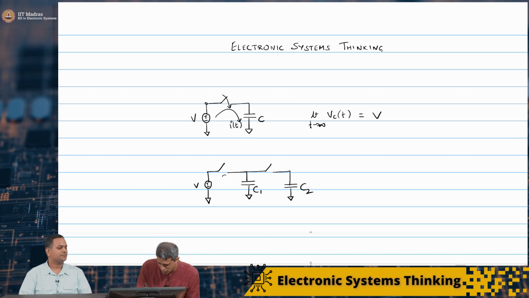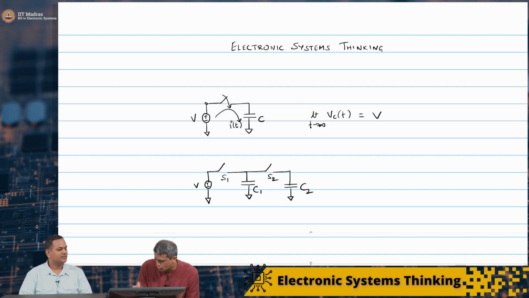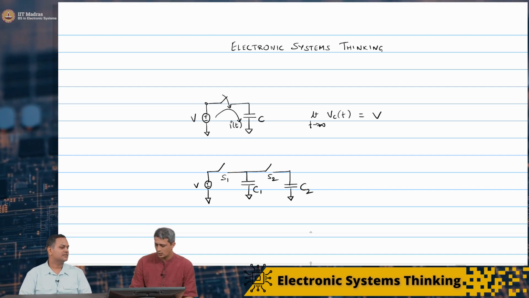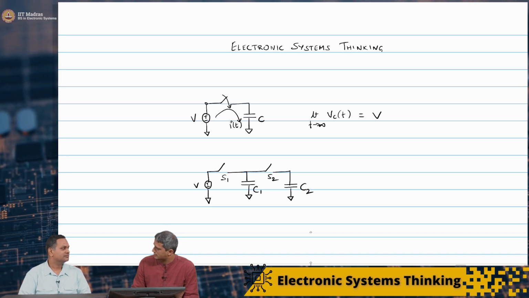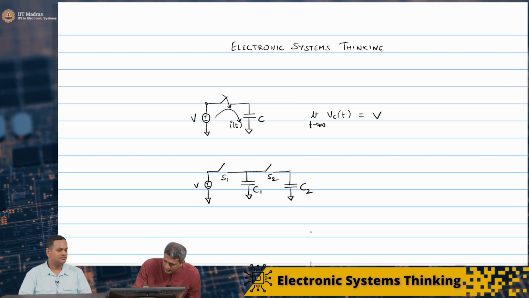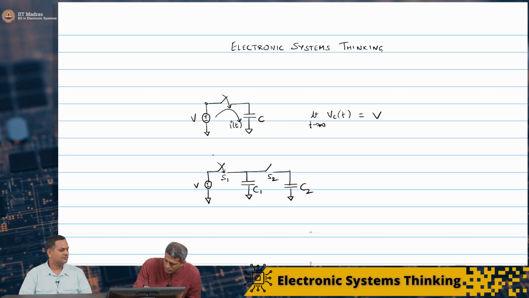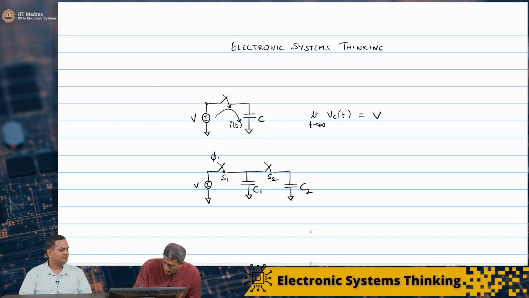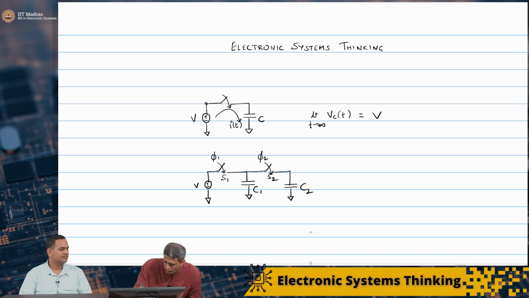So this is switch S1, S2. The timing of these two signals is important, right? So let's assume that S1 is controlled by phi 1, and S2 is controlled by phi 2.